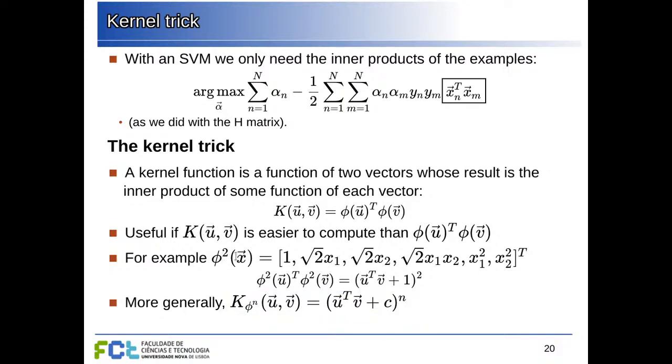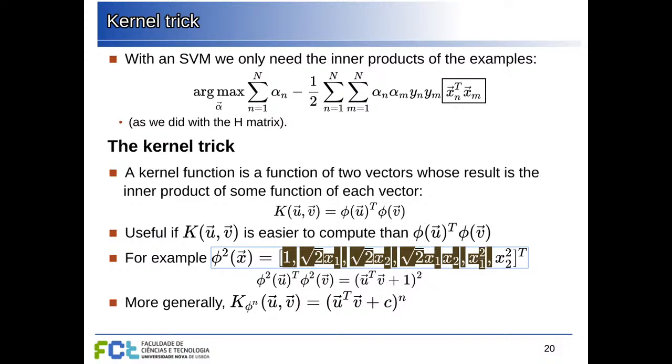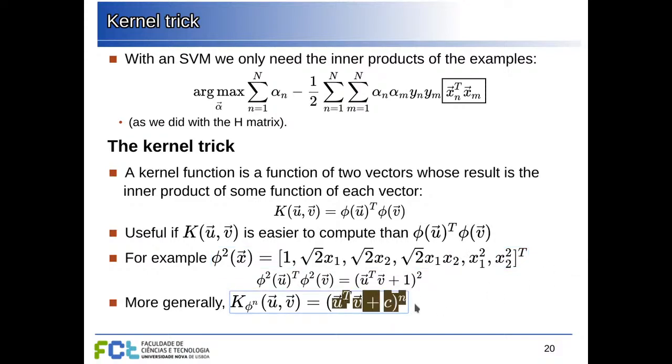And if n is very large, this can be a very large set of features in this expansion, and this becomes very much cheaper to compute, because the inner product of two vectors is just one single value, a scalar. We add a constant, we raise to the power of n, and we have the computation done.